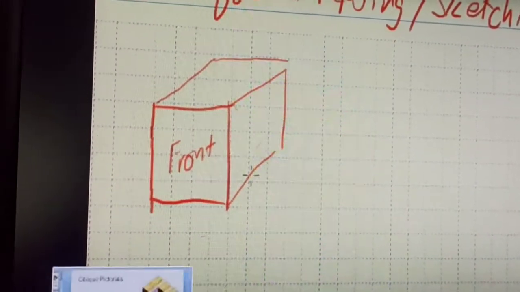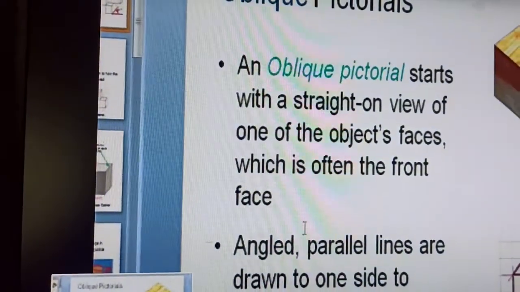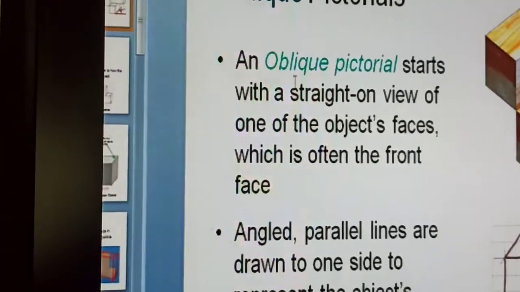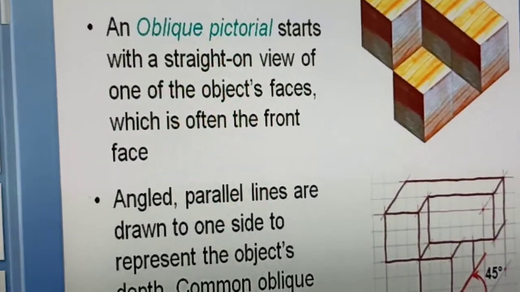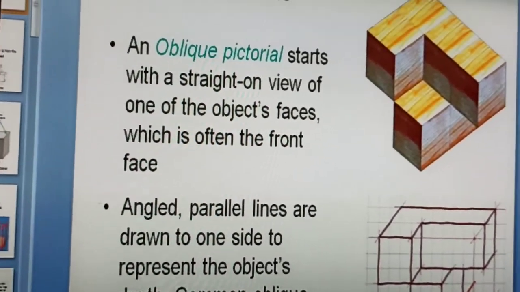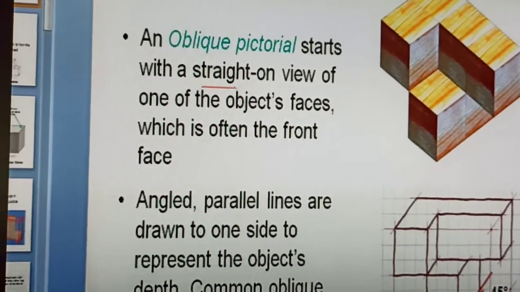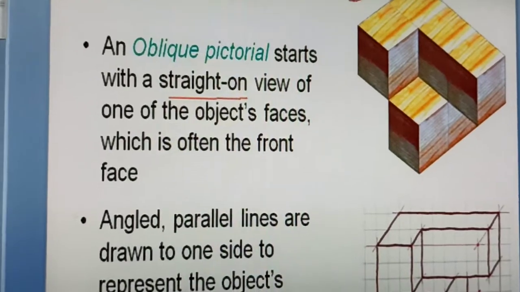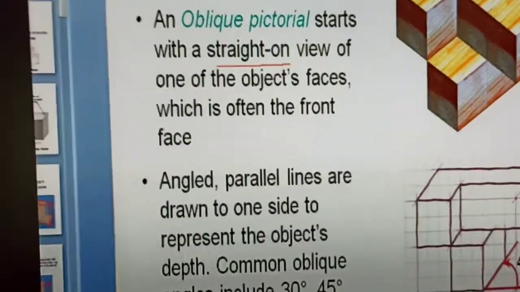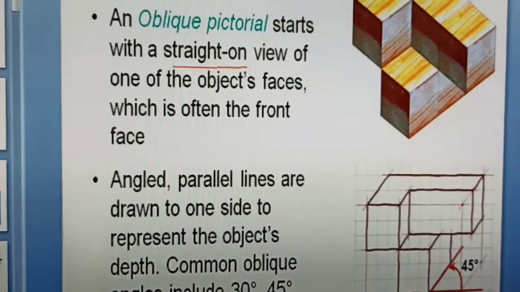Now furthermore we will go on about oblique. An oblique pictorial starts with a straight-on view of one of the object's faces, which is often the front face, like this one, right? Oblique pictorial is mainly based on the front face.